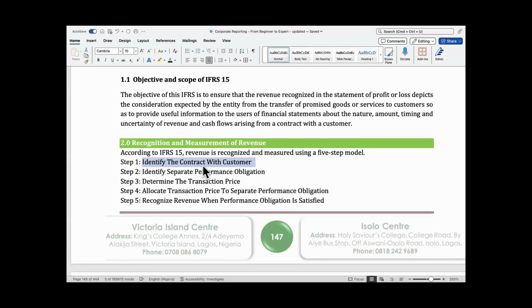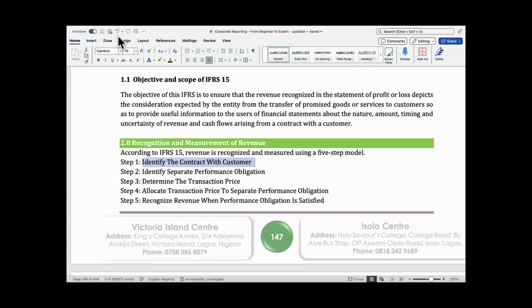Also, I told you that if you have a contract in which all these 5 are not present, such a contract cannot fly. In fact, you cannot recognize revenue from such a contract.